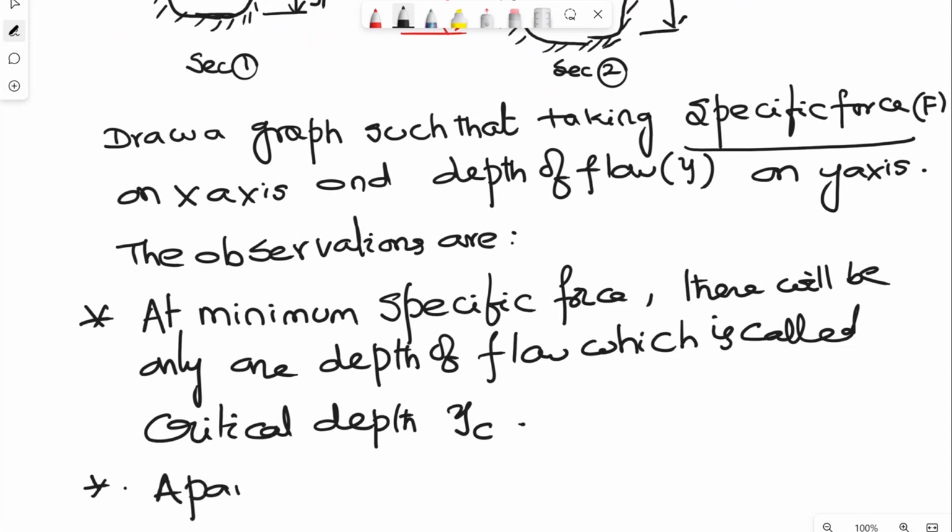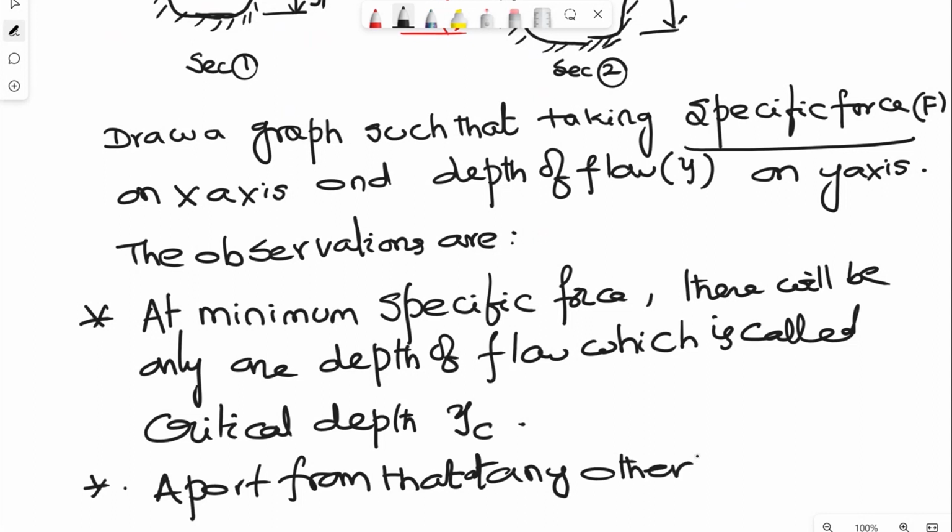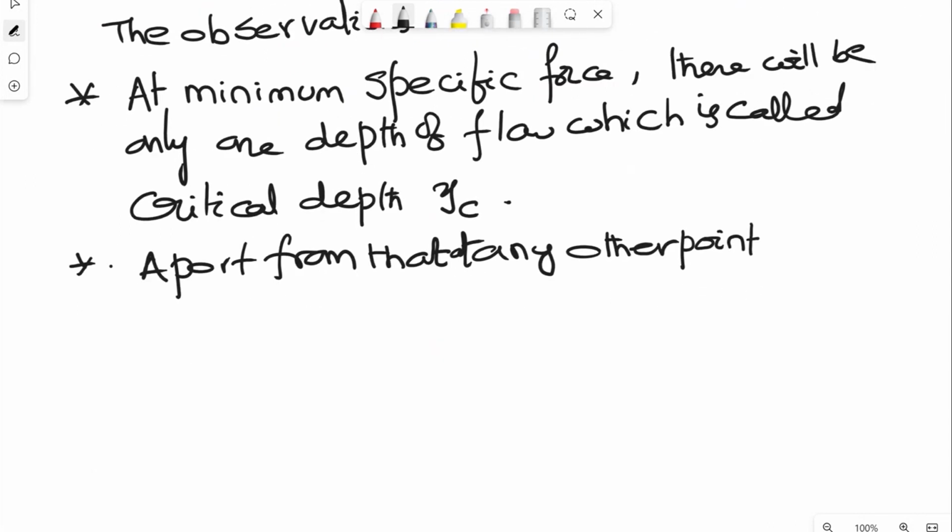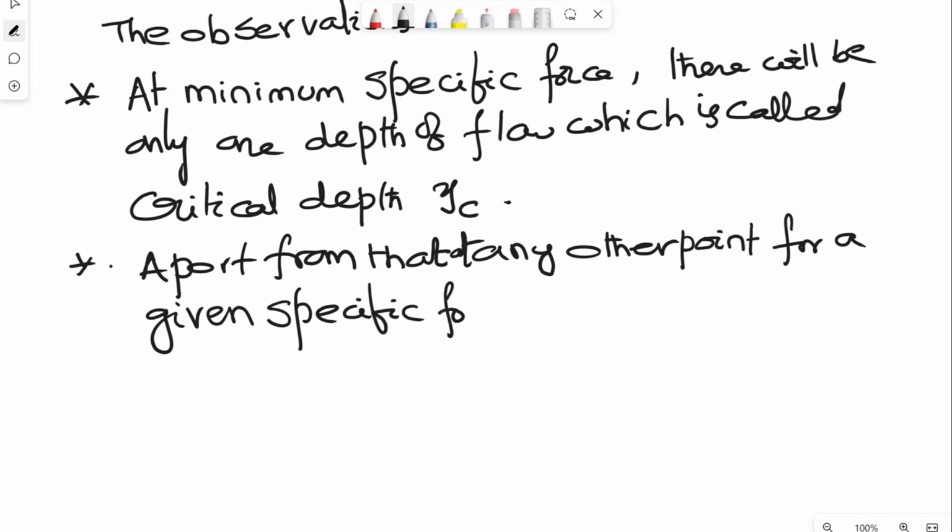Apart from that, at any other point for a given specific force, there will be two depths of flow.